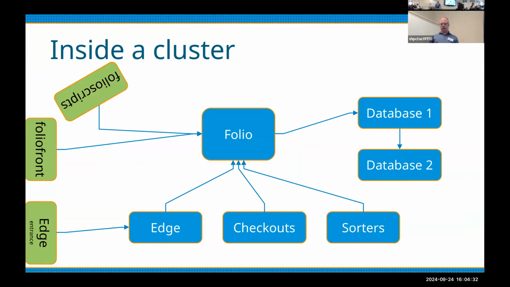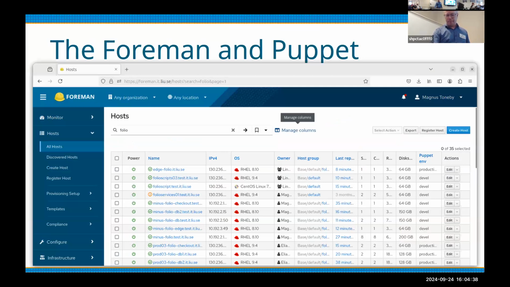And then we have our checkouts and sorters that also have their own machines. To handle all these machines, we use Foreman, where we create the VMs and give them the right role. And then we have written Puppet manifests to do the installation on the machines.